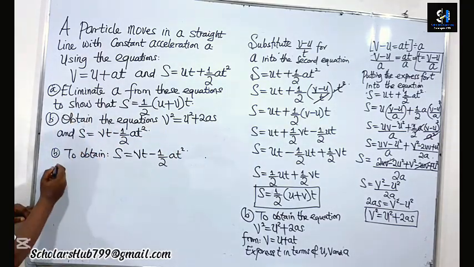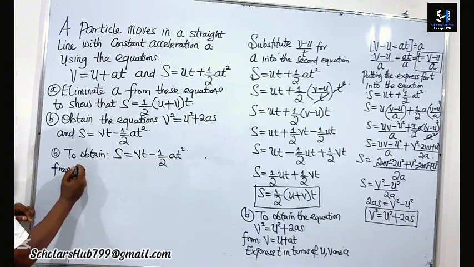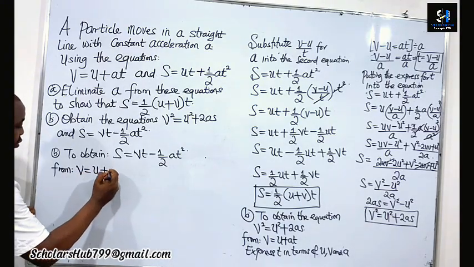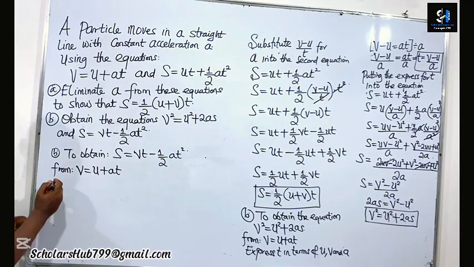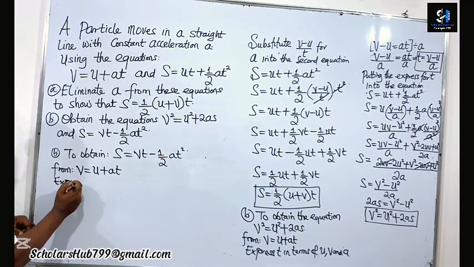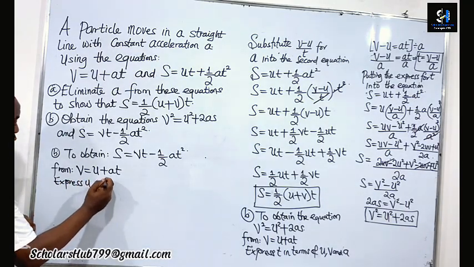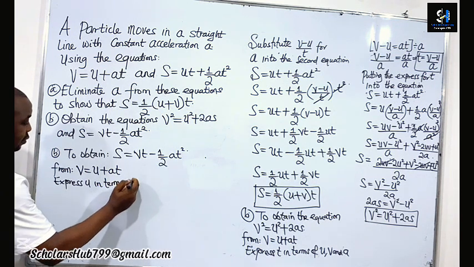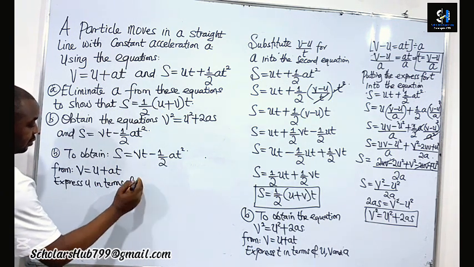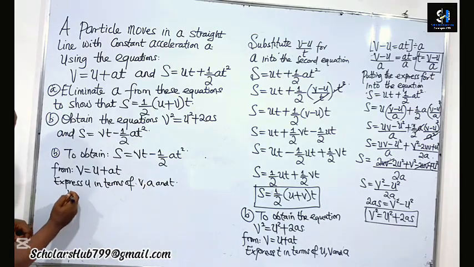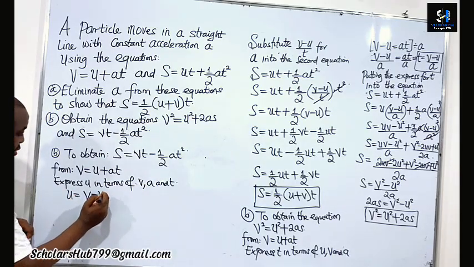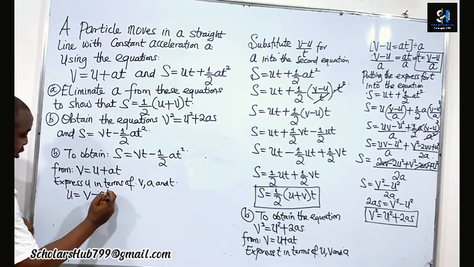So now from v equals u plus at, I'm going to make u the subject of the formula. Now I'm going to express u in terms of v, a, and t, so that u will be equal to v minus at.